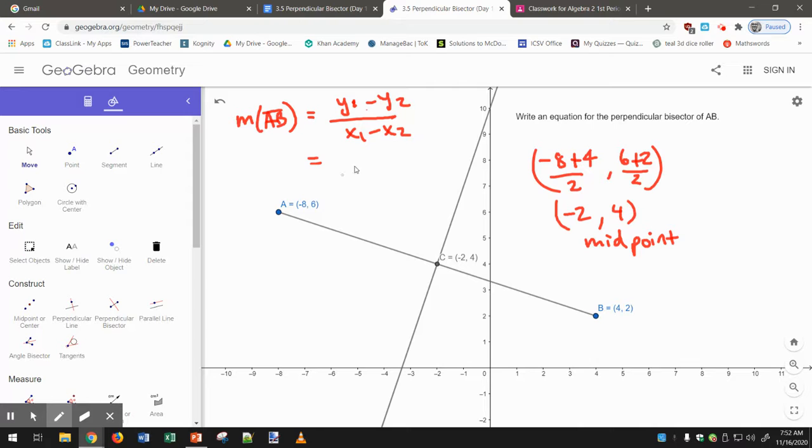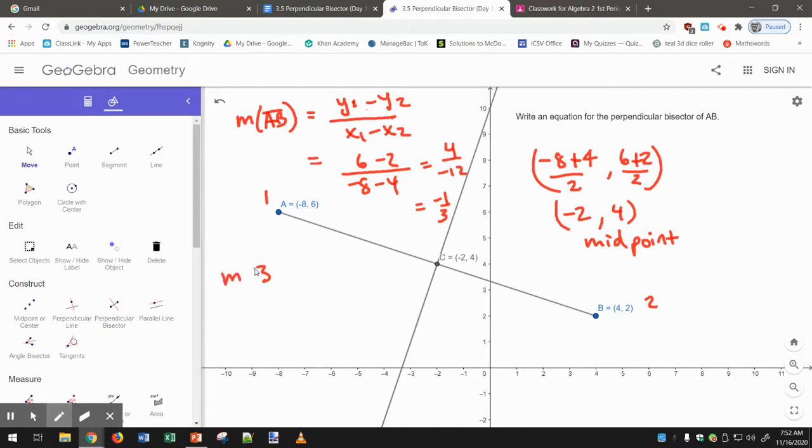It doesn't matter which one you call which. I'm going to call this the first point and this the second point. So x's go on the bottom, -8 minus 4, and y's go on the top. So this equals 4 over -12, which is -1/3. That's the slope of this line, AB, or segment. So then we want the negative reciprocal, which would be +3, since this is already negative.